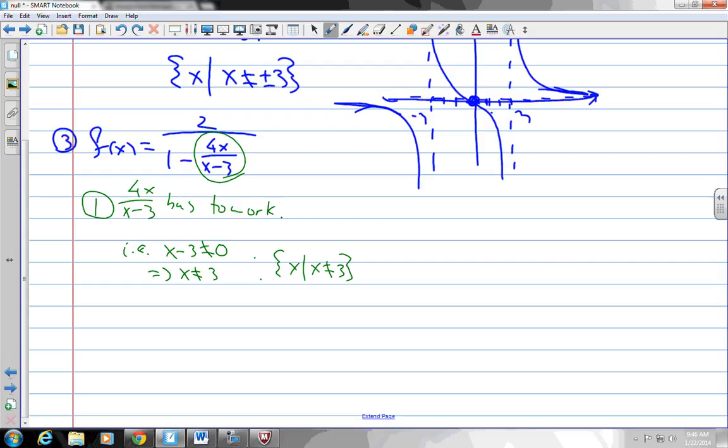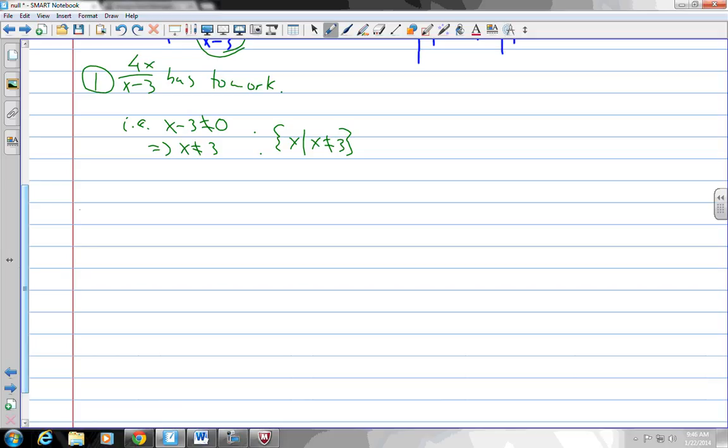But what else do we need to make sure? We also need to make sure that 1 minus 4x over x minus 3 is not equal to 0, right? The whole denominator. So basically, let's just solve this equation. It's kind of weird, but let's just solve it for 0.